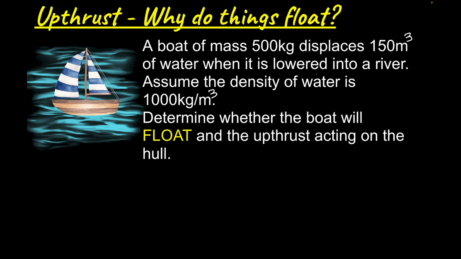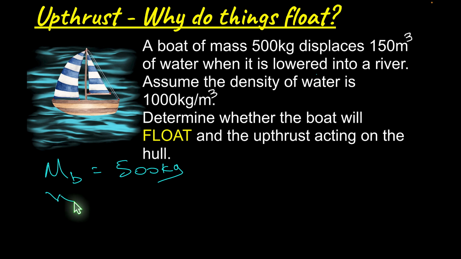So we have the mass of the boat. Let's just say MB, which represents the mass of the boat. Let's say that's 500 kilograms, as that's what we're given in the question. We know what the density of the water is, so I'm just setting out my stall now.